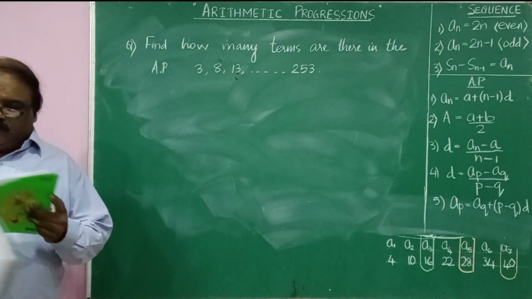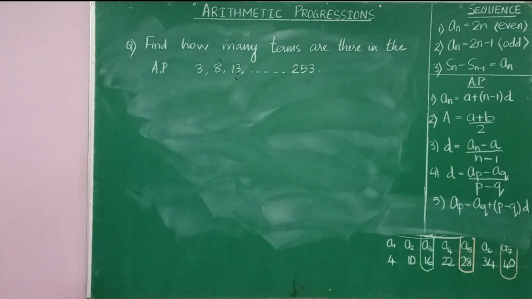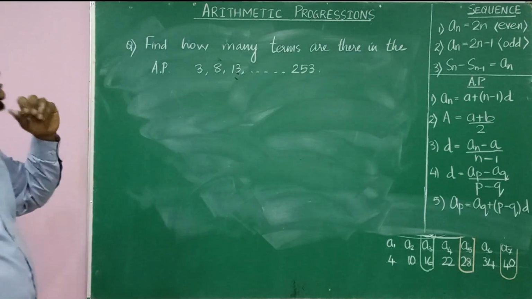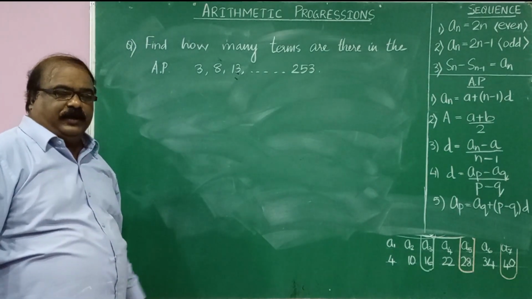What's my question? Find how many terms are there in the arithmetic progression 3, 8, 13 till 253.